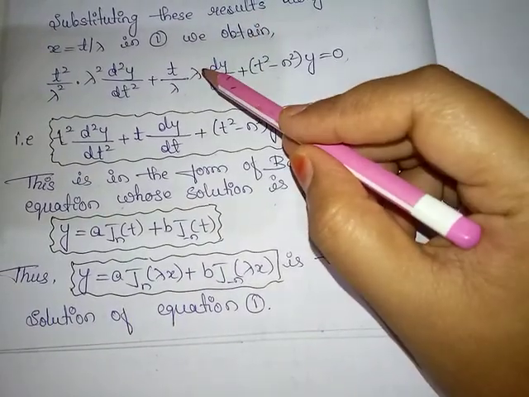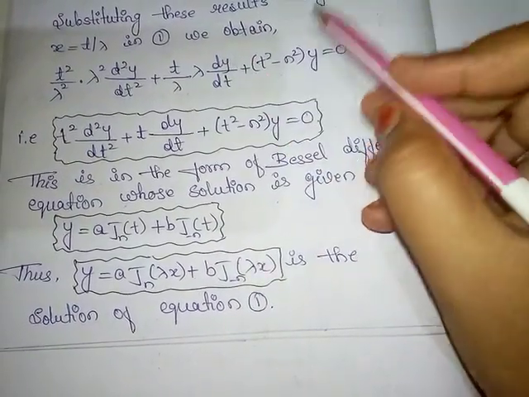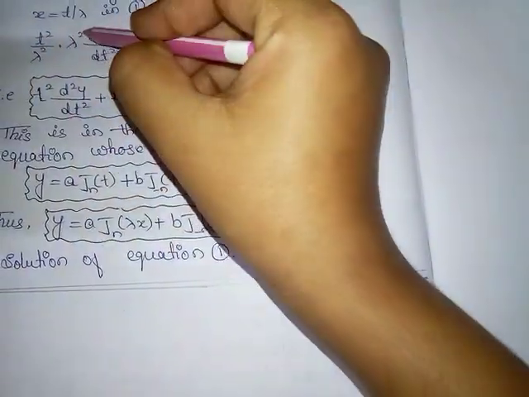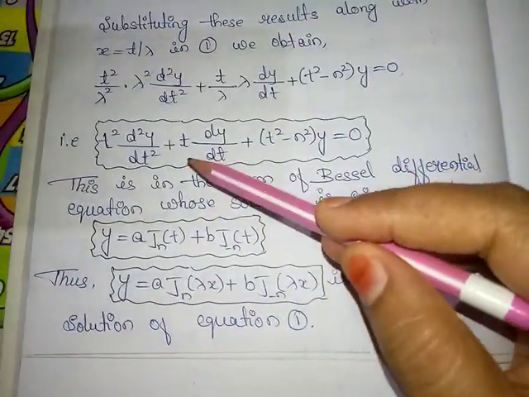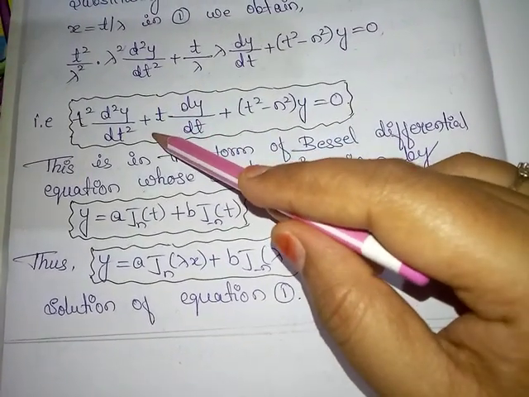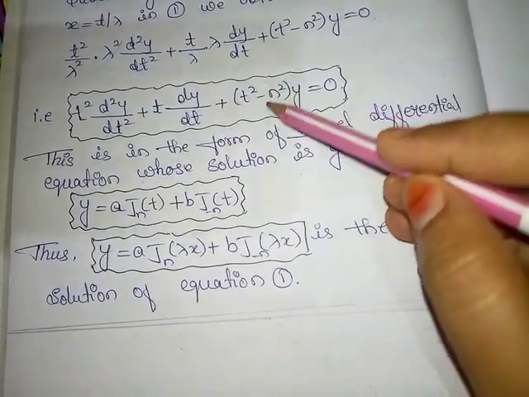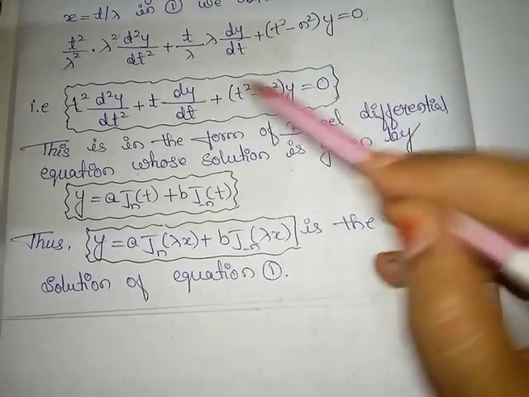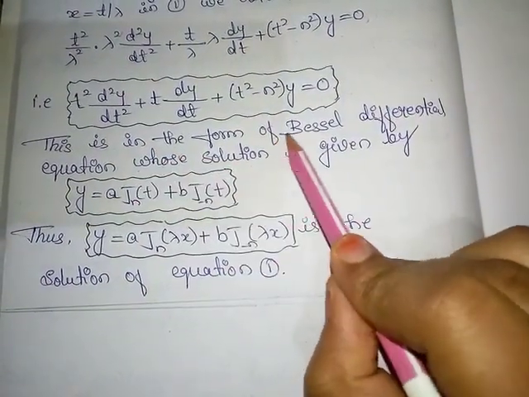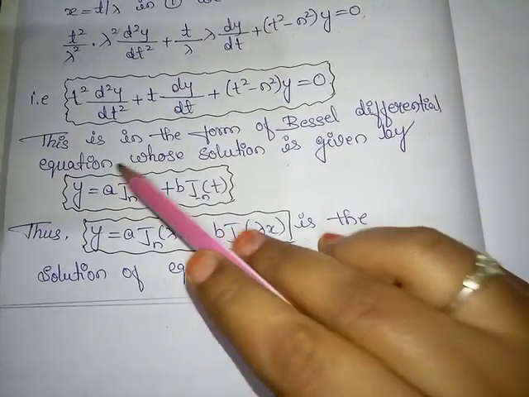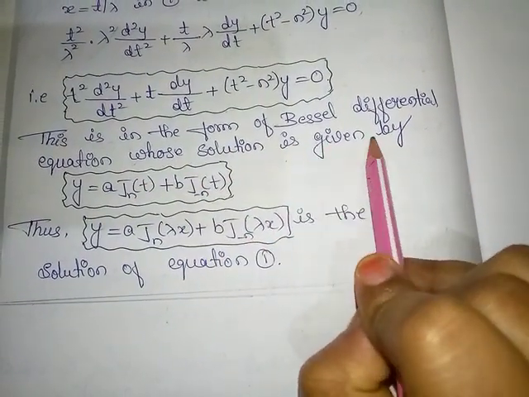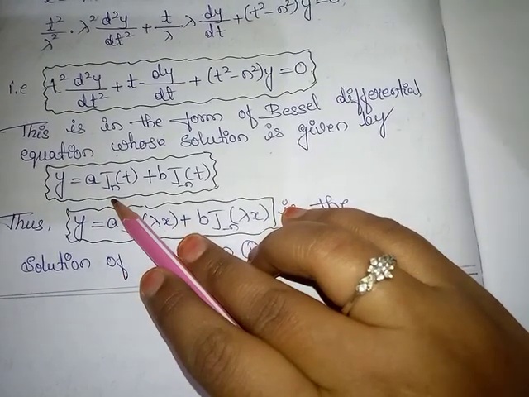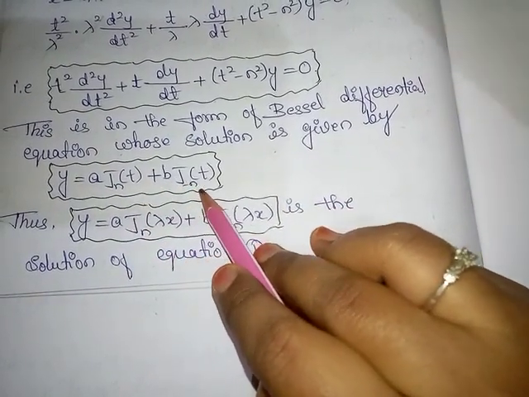Just substitute the obtained values in equation 1. We get this equation, in which the lambda square cancels: t square d square y by dt square plus t dy by dt plus (t square minus n square) y is equal to 0. This is in the form of Bessel differential equation, whose solution is given by y is equal to a Jn of t plus b J minus n of t.